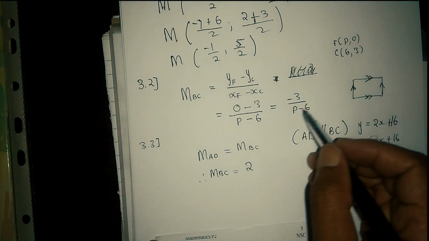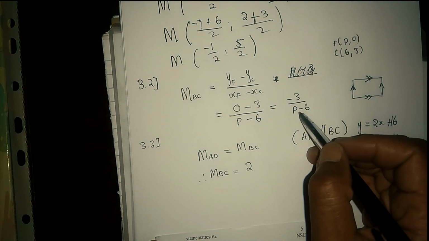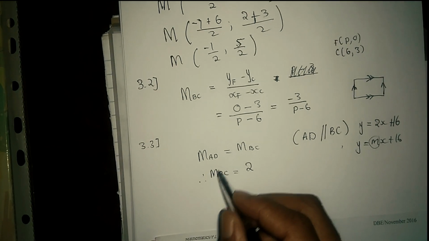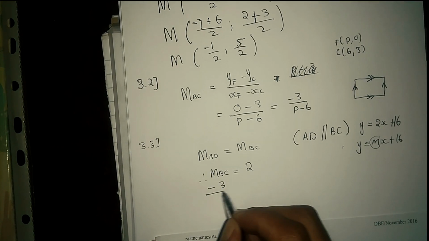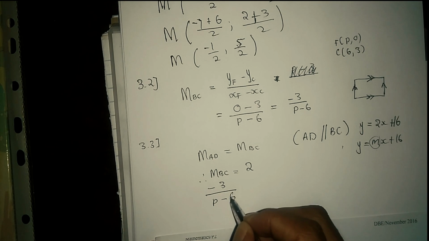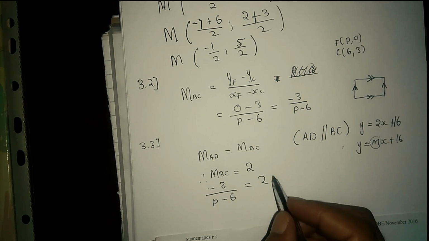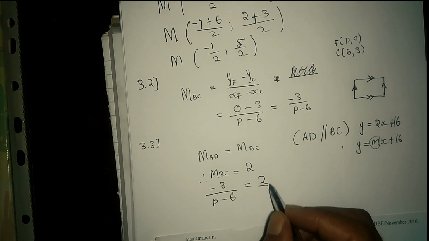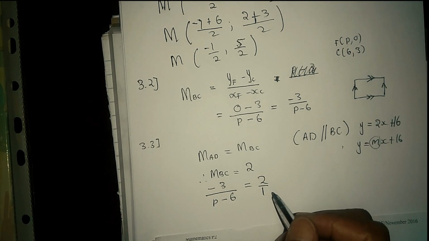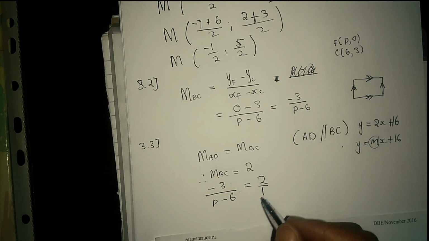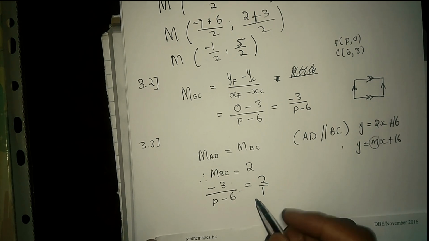So we can use the gradient now to calculate the value of P. The gradient we calculated was minus 3 over P minus 6 in the previous question. So we substitute: minus 3 over P minus 6 is equal to 2. We can cross multiply, or use the LCM; both ways give the same answer.